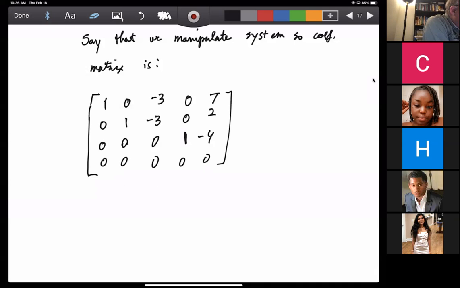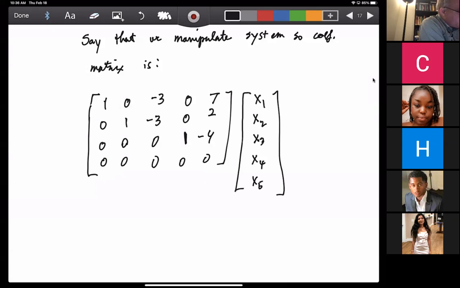And if we think of this as being the coefficient matrix for our system, there should be 5 unknowns. Think about going across the row and down the column. Every row of our coefficient matrix has 5 entries.